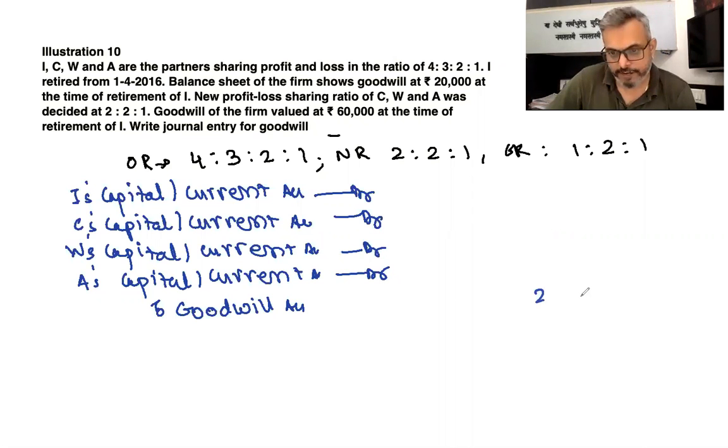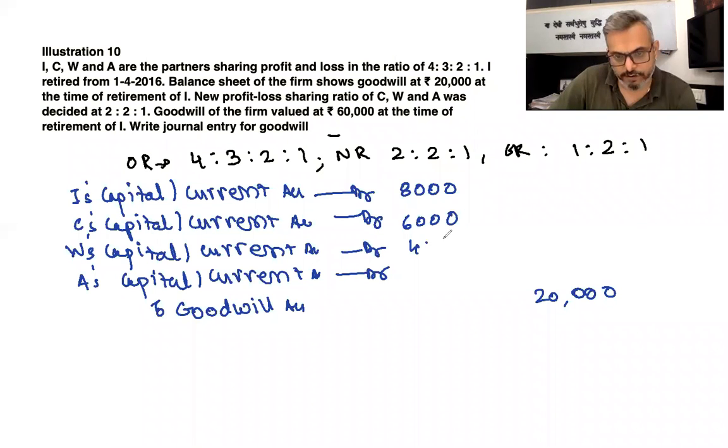So credit 20,000 and we debit 4 is to 3 is to 2 is to 1. So 8,000, 6,000, 4,000, 2,000. This is always in the old ratio.